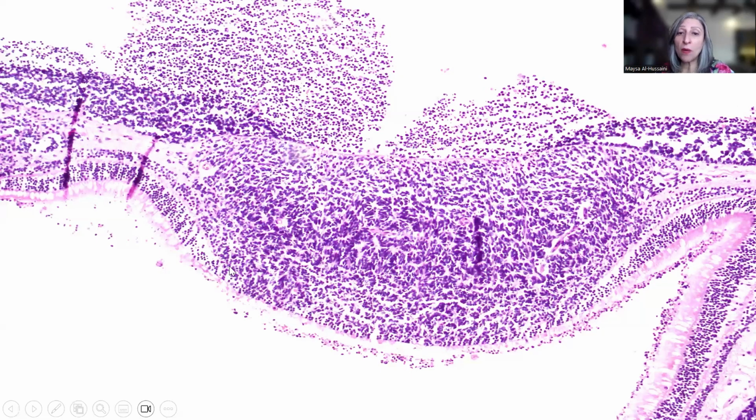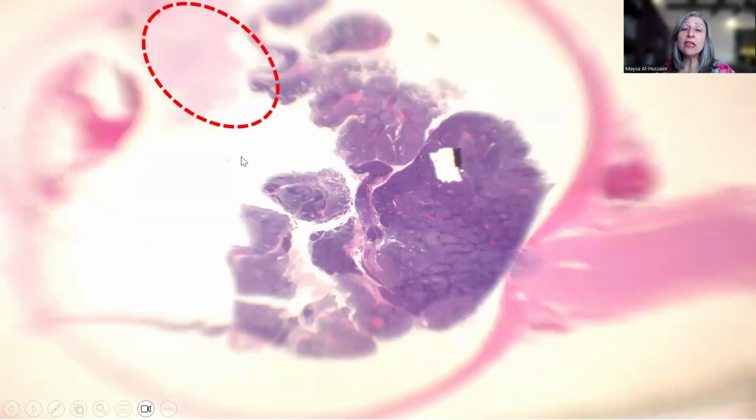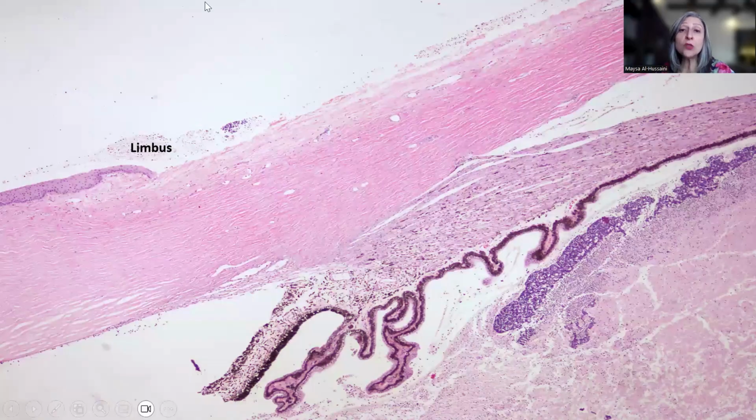This is a higher power magnification of one of those foci, and these are the different 10 layers of the retina. And then we have here the third area that we should always examine whenever we are reporting a retinoblastoma case, and this is where we have our anterior chamber.